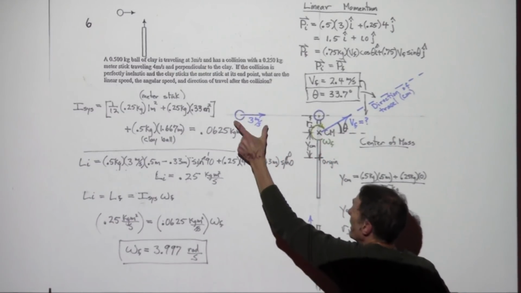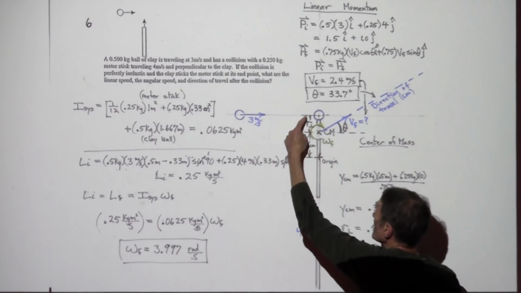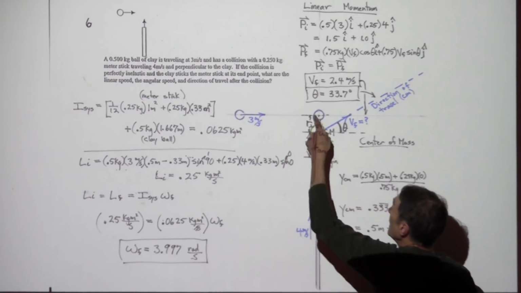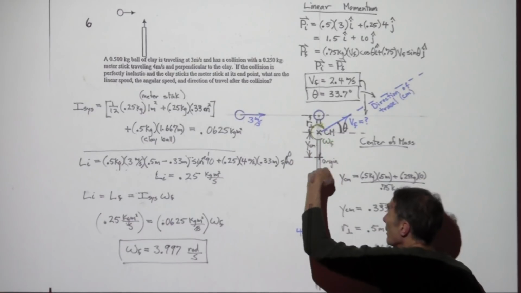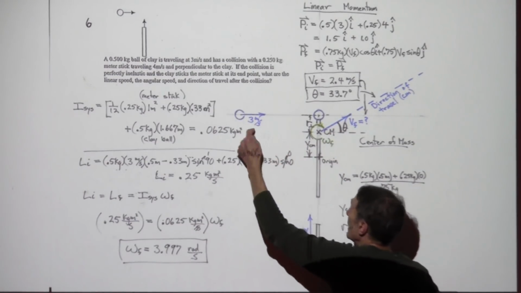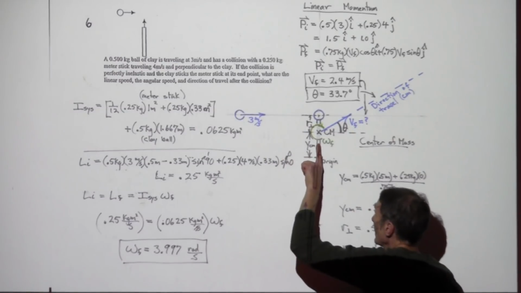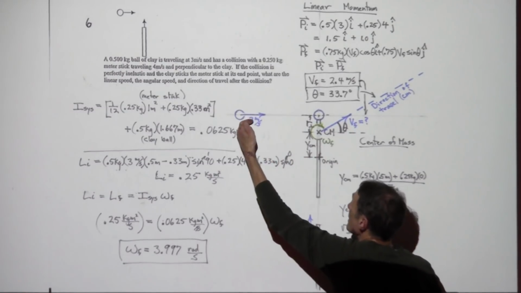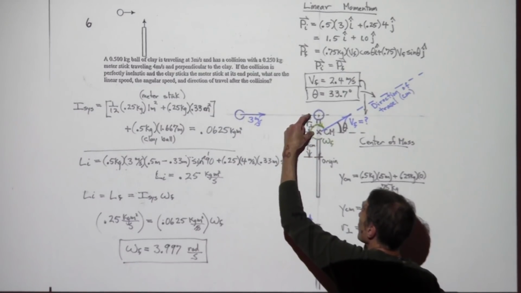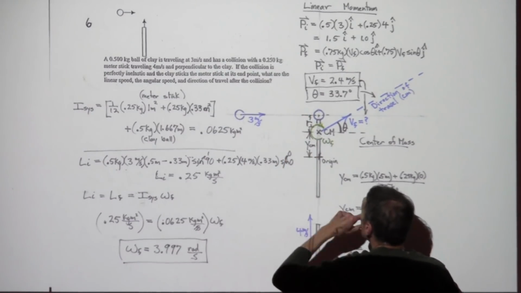So if I take 3 meters per second times that r perpendicular, that would give me the angular momentum of the clay ball initially. It's coming in this way. The meter stick is not turned yet. But as it comes in, it's going to make contact. And this is where I want to draw my r perpendicular.